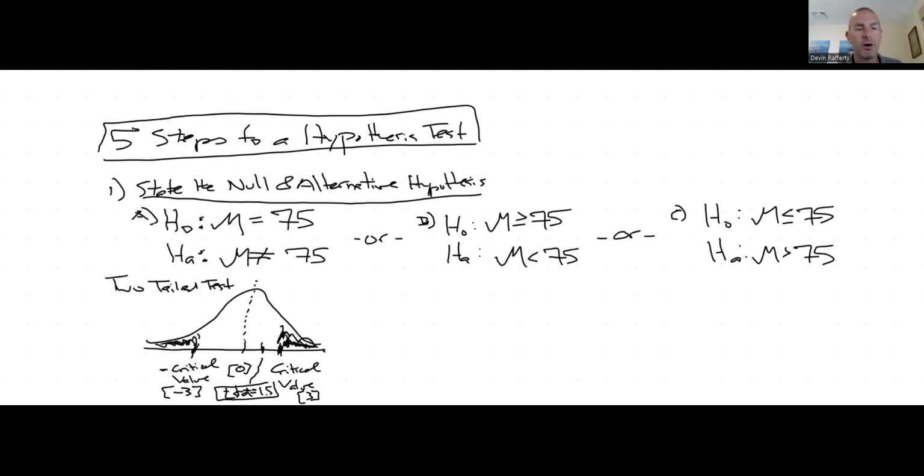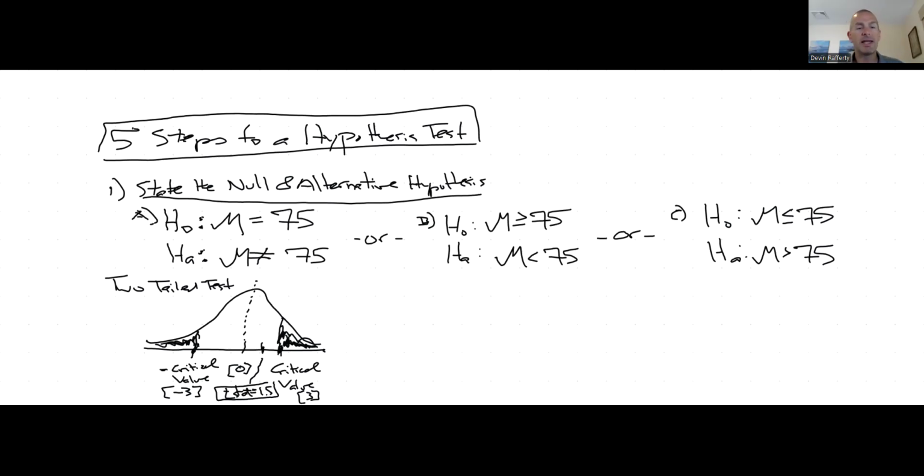That means that I would fall into this non-shaded white region, the middle of the distribution.